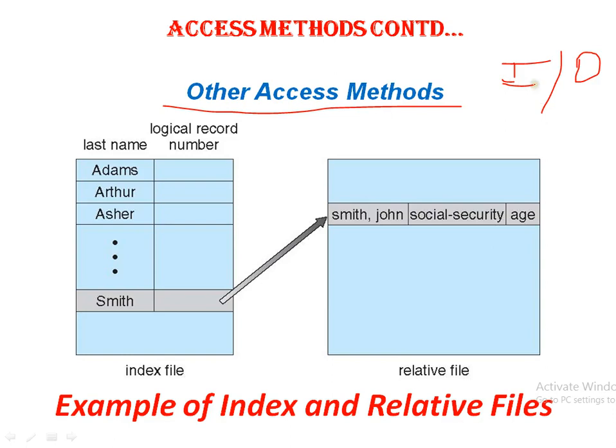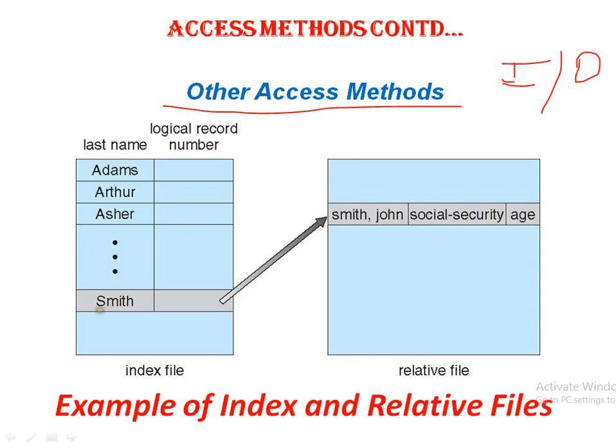With these large files, we can create an index file itself, but the index file itself may become too large to be kept in memory. So one solution is to create an index for the index file. The primary index file would contain pointers to secondary index files, which would point to the actual data items.